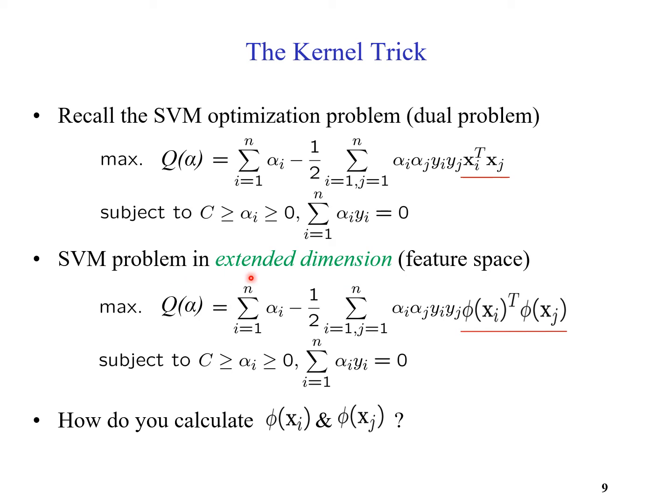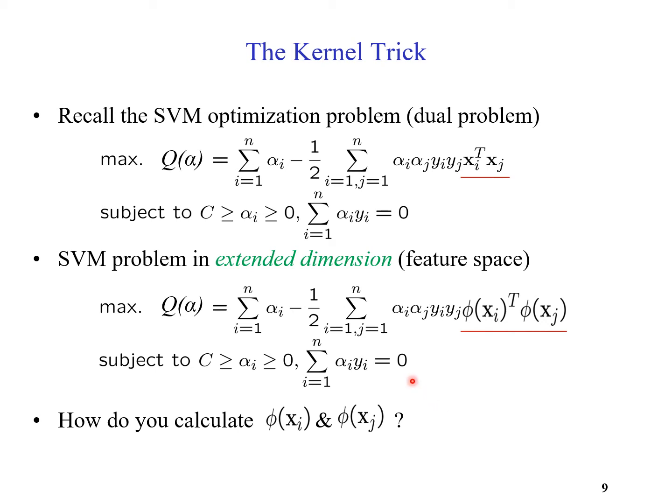So if we solve this problem, the SVM problem in feature space, then we are done. Solving this problem means we find the linear classifier in higher dimension, because every data point is mapped to a higher dimension here.